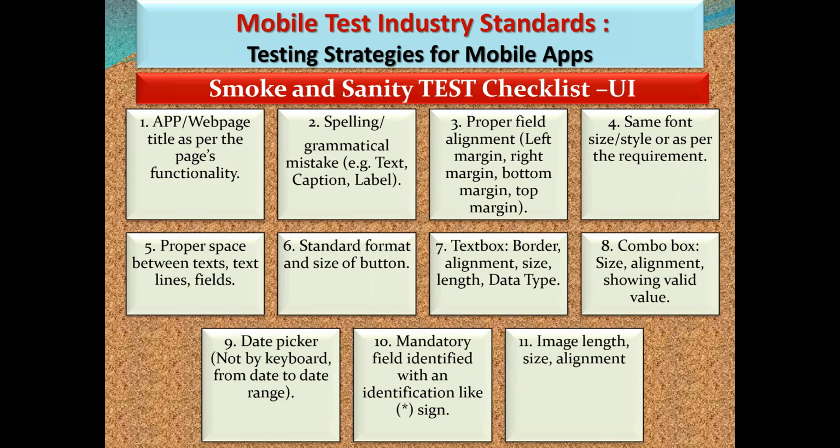Of course, you guys can create as many points as you want to, but these points absolutely should be covered. So, application and web page title as per page's functionality. What I mean here, nobody is going to give you the build with something implemented wrong.